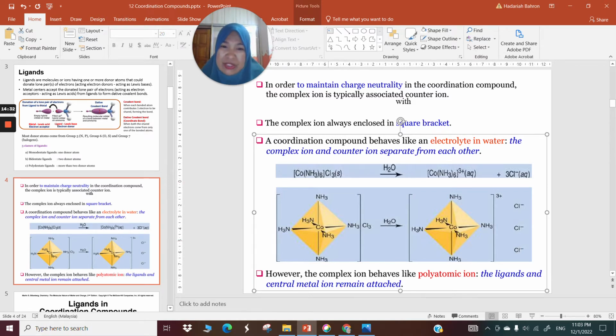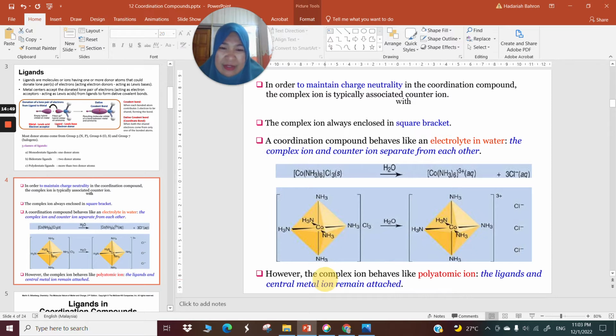So this is the picture: as a solid, the counter ions and the complex ions are not separated, but in solution they are separated as shown in the drawing here.